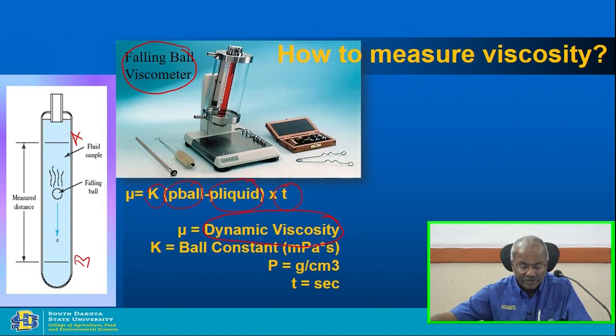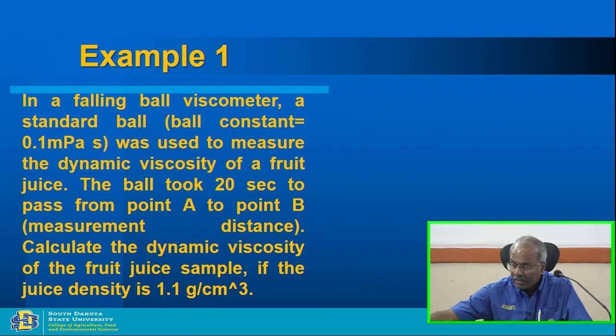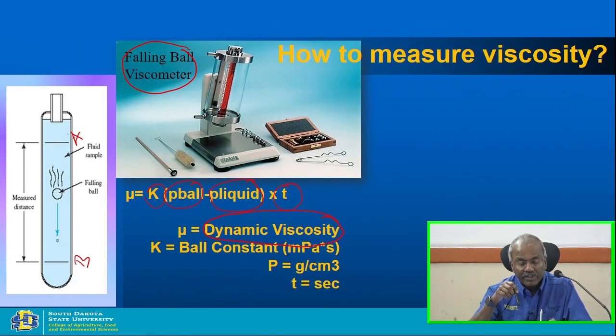So let's try. In this instrument, it's like a Brookfield viscometer. You all remember the Brookfield viscometer I showed you the day before yesterday, where they have different spindles, right? Depending upon what fluid you are going to test, you have to select the right spindle.